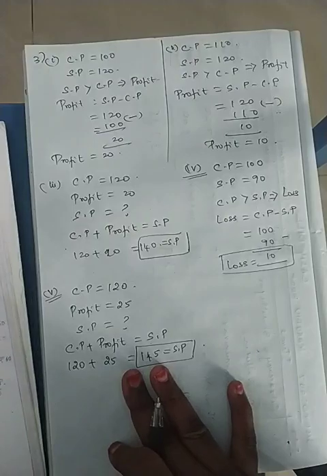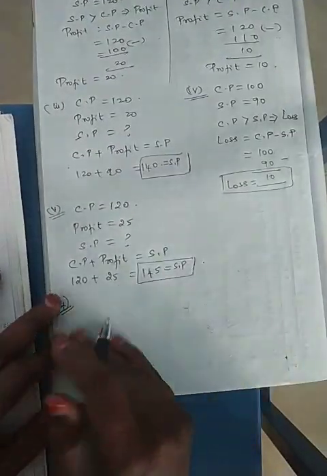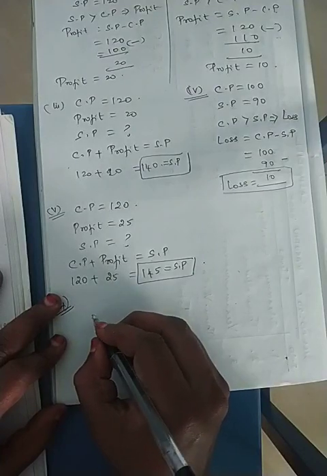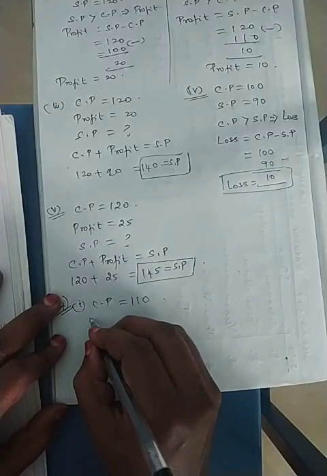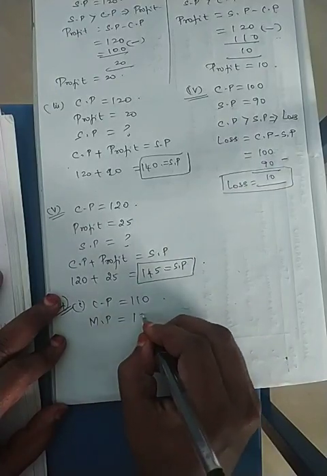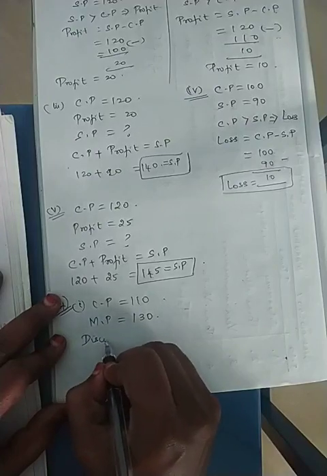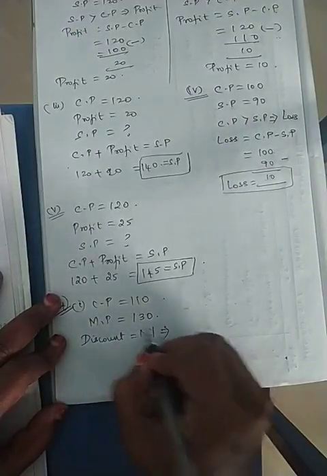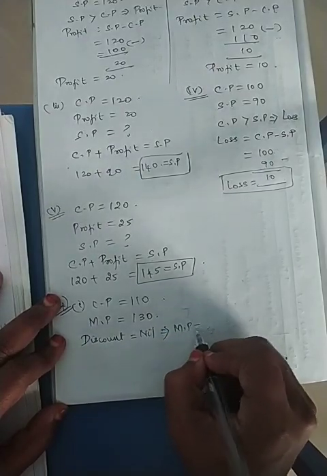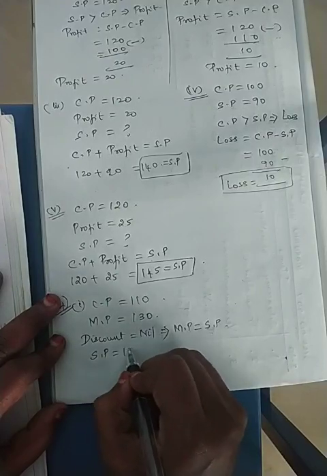Coming to the fourth question, we have to fill the table again. First one, they are giving CP as 110, marked price as 130. Discount is nil. Nil means nothing. So in this case, my marked price will be equal to my selling price. So first thing, selling price is equal to 130.